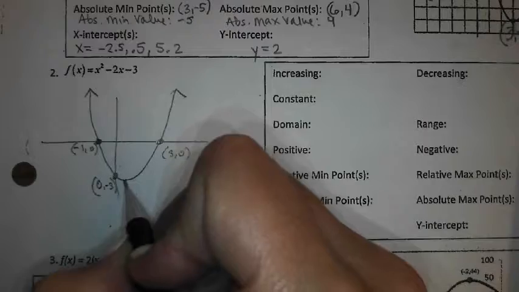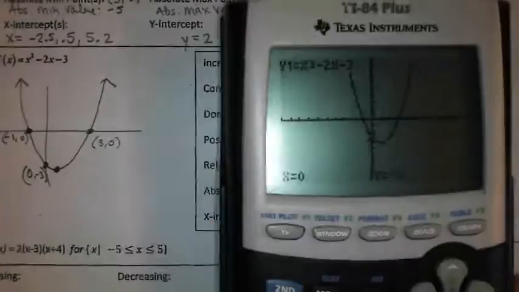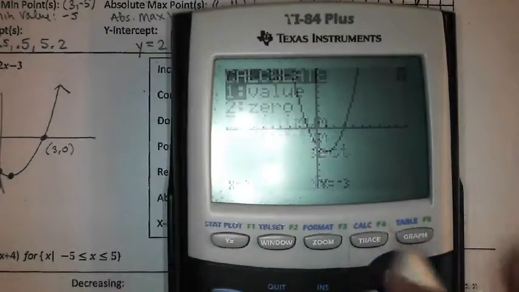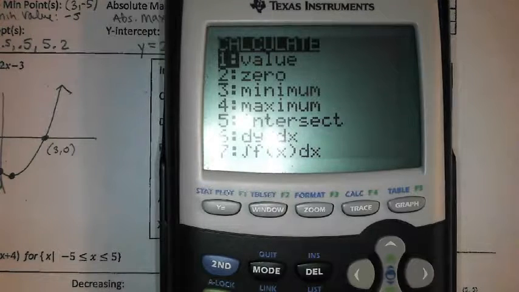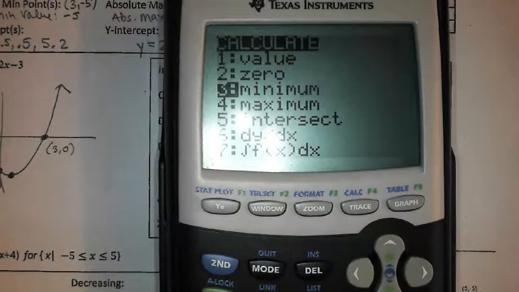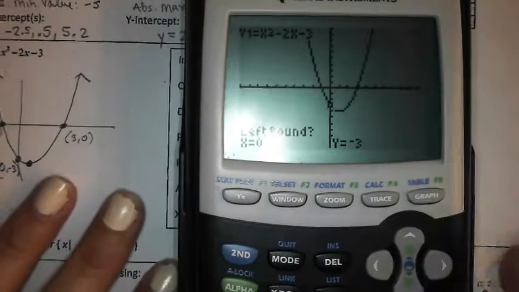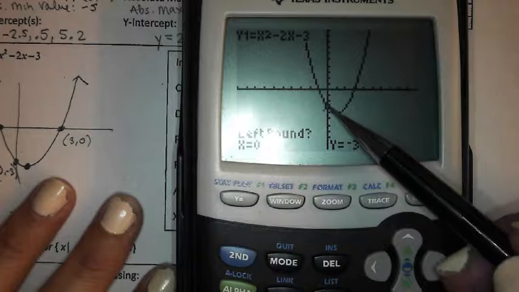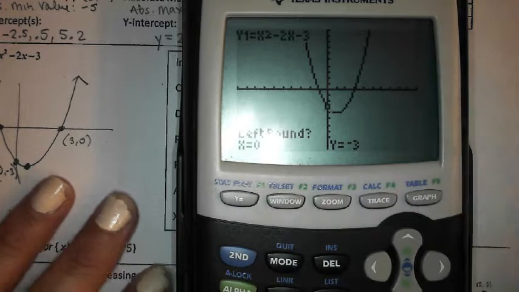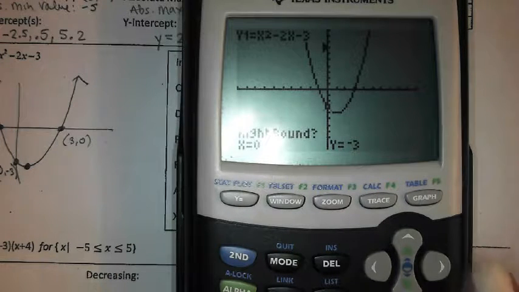What other point are we interested in? The minimum, good. So on your second trace menu, what do you think we should pick? Minimum. Scroll down to minimum. Again, it's going to have left bound, right bound. You need to bring your cursor to the left of the minimum, which mine already is, so hit enter.